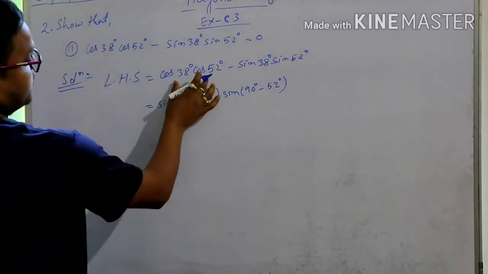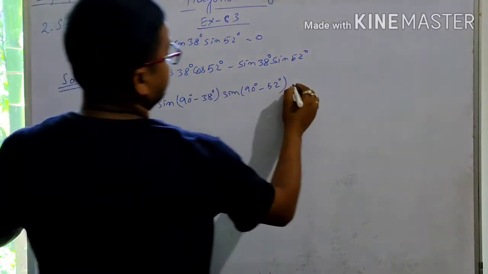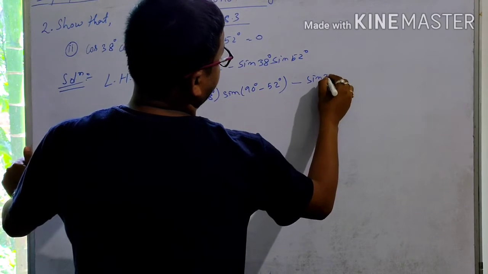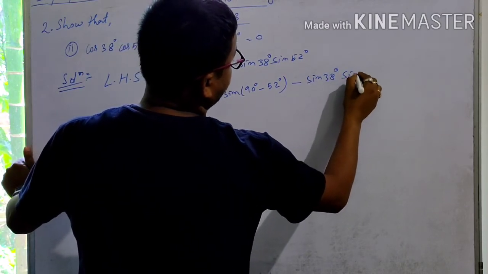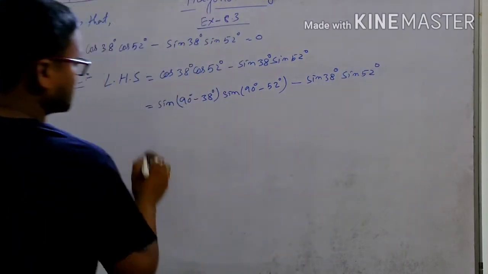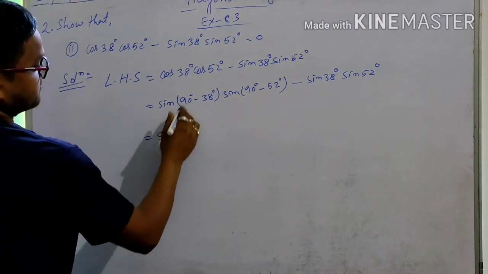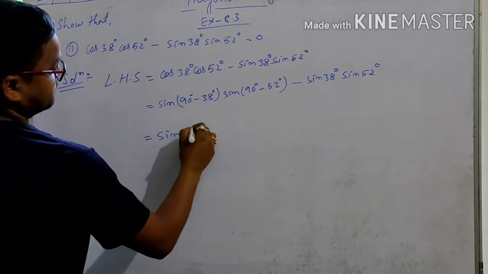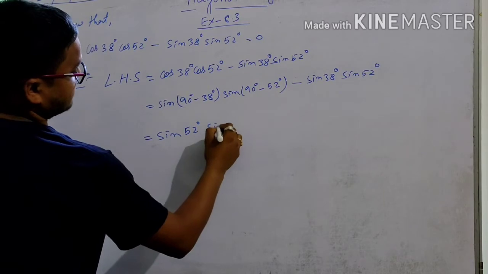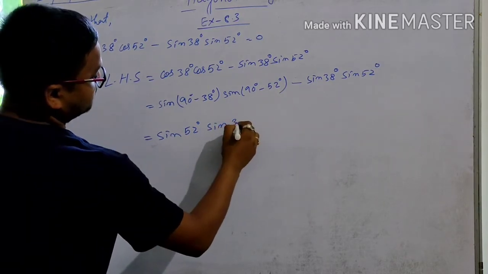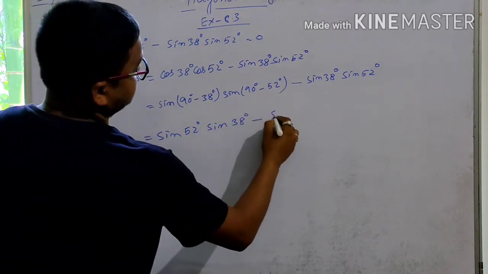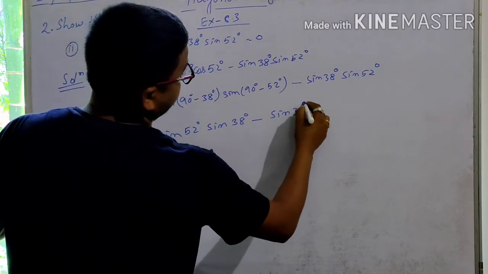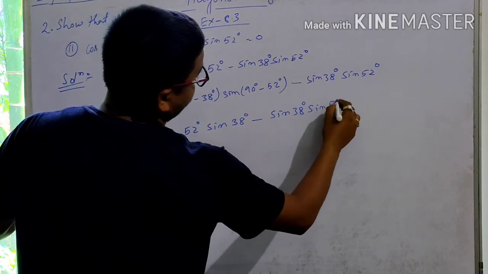Okay. From this, the first part we change, but the second part you write the same. You don't change this part. Okay. So finally what you get? Sin 90 minus 38, that is equal to 52, and here sin 90 minus 52, you will get 38. So finally this will be equal to sin 52.